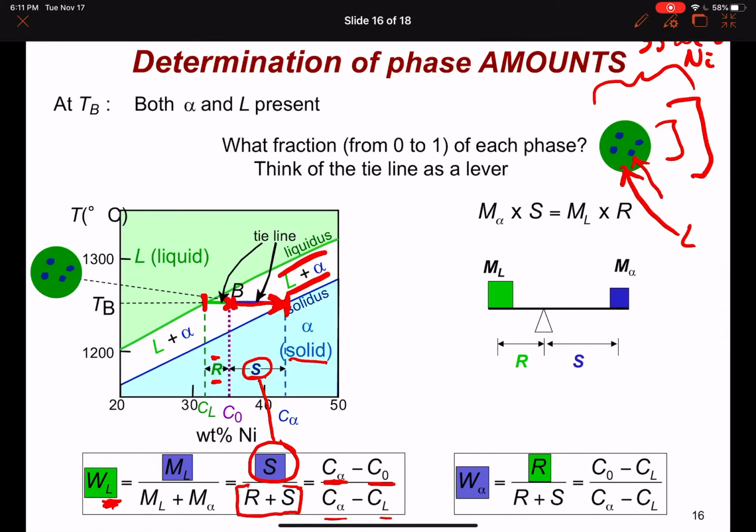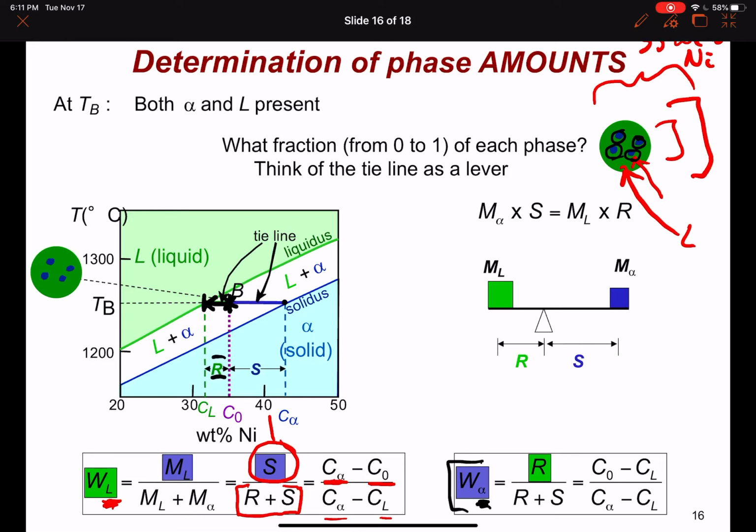Similarly, to do this for the alpha phase now, to determine the weight fraction, so how much by weight as a fraction is these blue alpha solids, we are going to start at point B, walk to the opposite material of interest, so walk to the limit to the other material, so walk to the liquid territory, and we're going to measure that segment of the tie line.